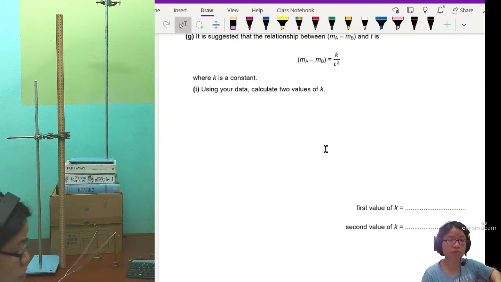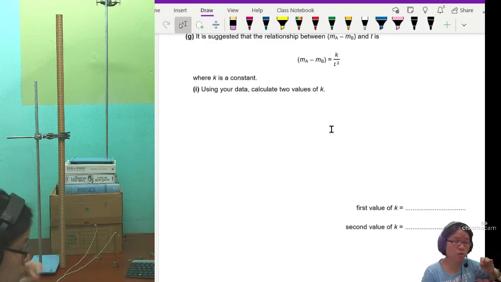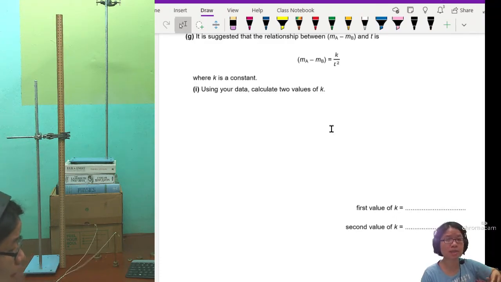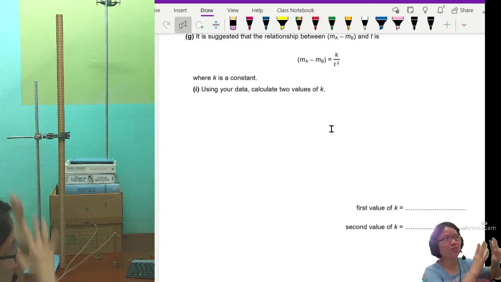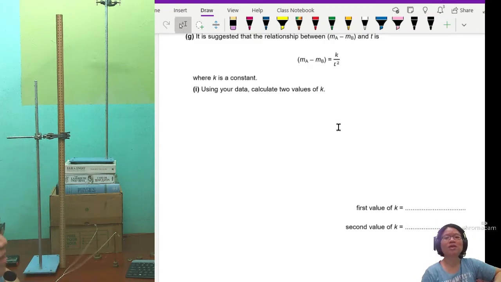Because I have looked at a few of the scripts from students and they are still struggling with small things that will cost them 1 or 2 marks here and there. But you know, every mark counts, right? You're working so hard for your A-levels right now, watching a video online, trying to focus on what is happening here. So I hope that your effort will be paid off.